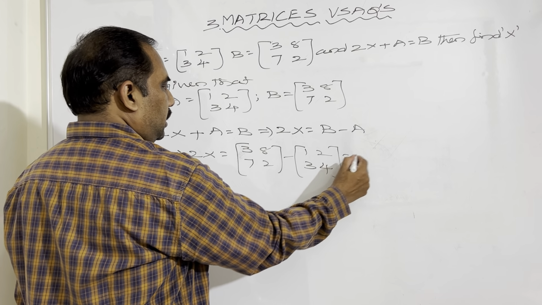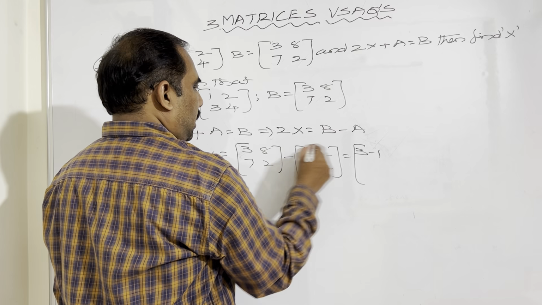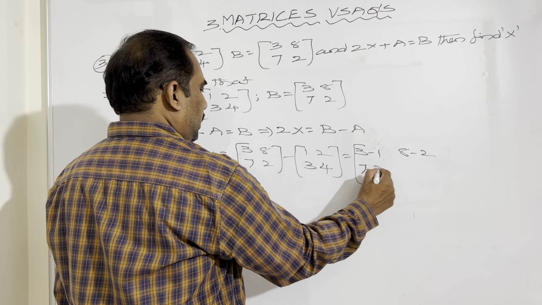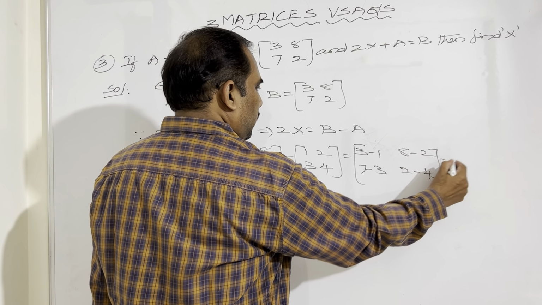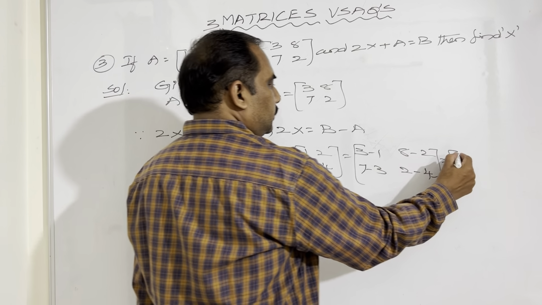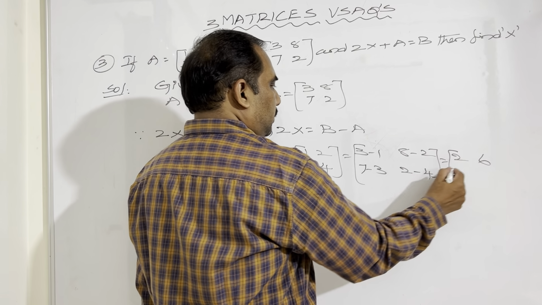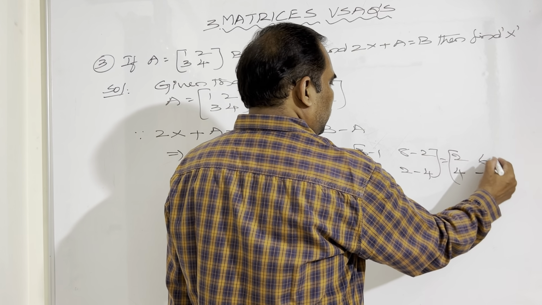Now subtracting corresponding elements: 3 minus 1, 8 minus 2, 7 minus 3, and 2 minus 4. We get 3 minus 1 is 2, 8 minus 2 is 6, 7 minus 3 is 4, and 2 minus 4 is minus 2.